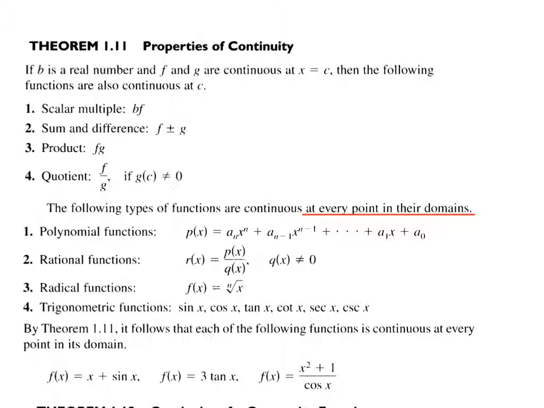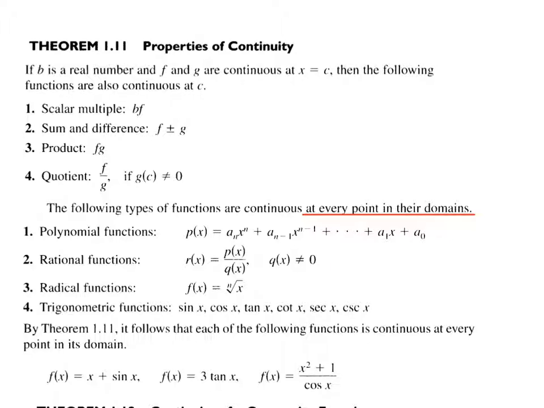Now, a couple of other things here, and make sure you understand this. These four types of functions are continuous for every point in their domains. Polynomial functions: not just quadratics, but cubics, quartics, quintics, any polynomial function.